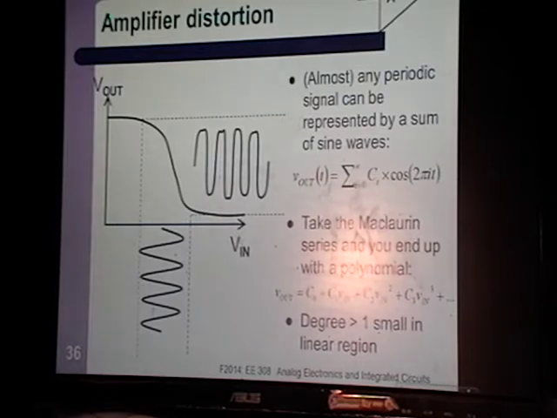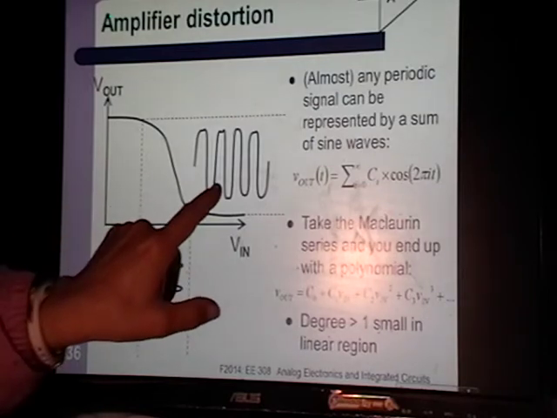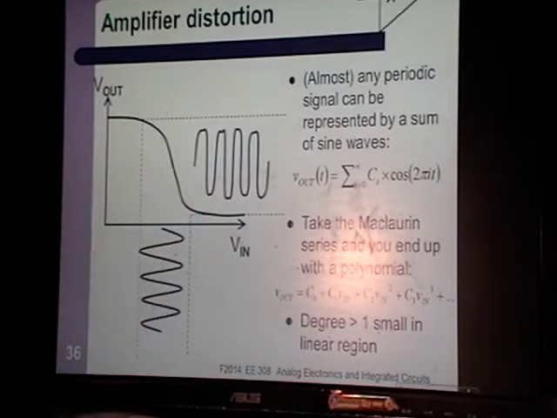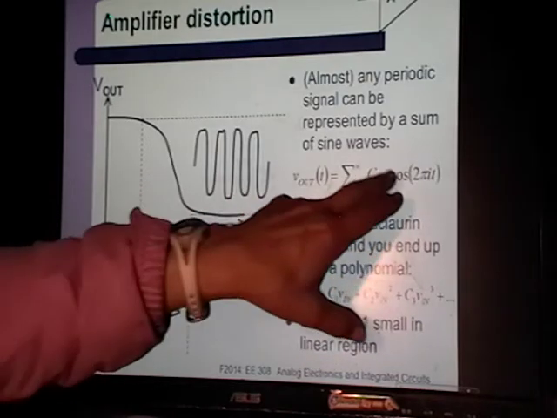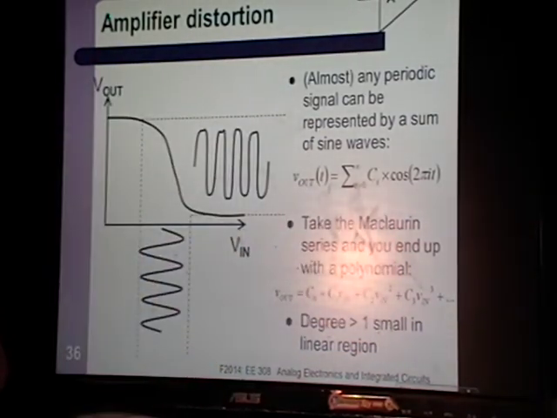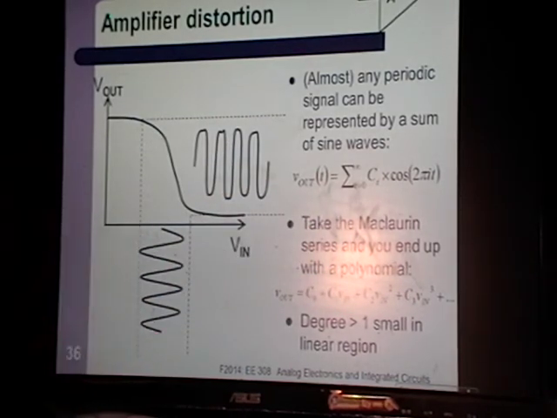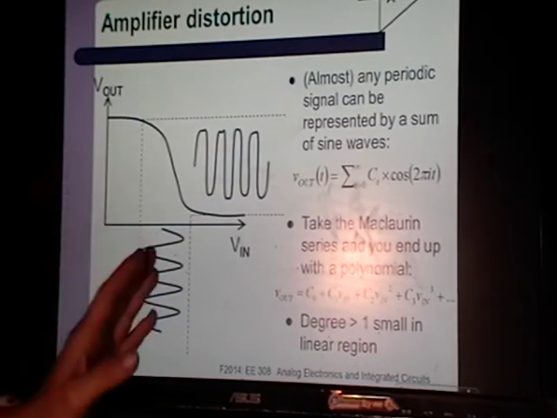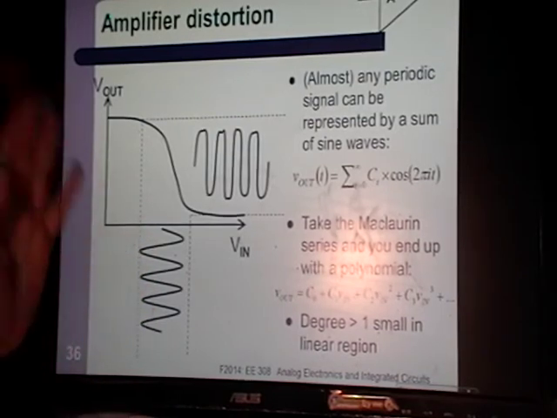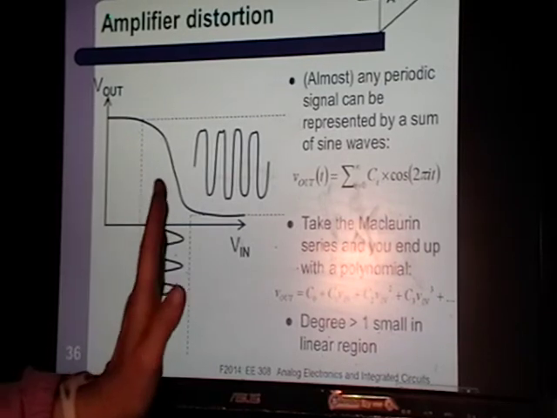From your signals class, you've probably been told that any periodic signal can be represented by a sum of sine waves, or cosine, sine, cosine. So this is just a sine wave, sine of omega t, or ft, or whatever you want to call it, with some amplitude.